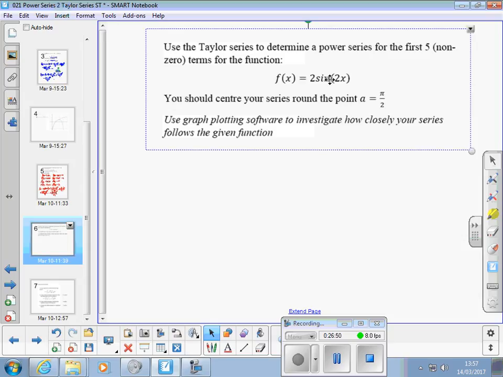So, well, there's a reason for this. Change that to 2 cos 2x. So start from the cosine. Cos 2x, yeah, sorry. F of x is equal to 2 cos 2x.